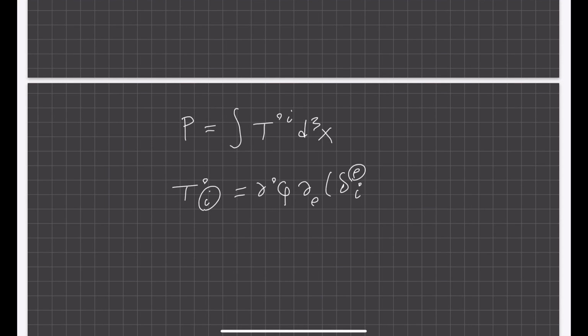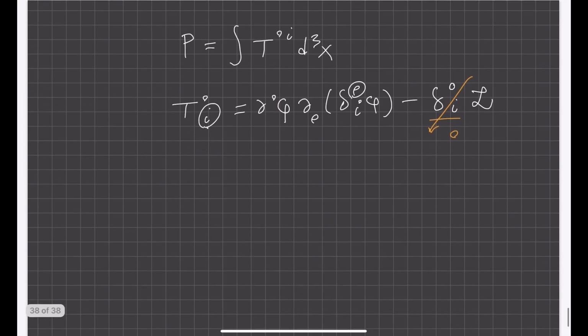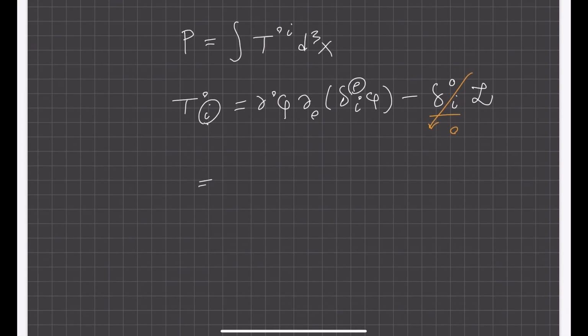This i comes from this term, which means a spatial component of phi, minus delta of 0 and i. This is beautiful because now it's going to be eliminated. We don't have this term here. We only have the first term here, the zeroth derivative of the field.